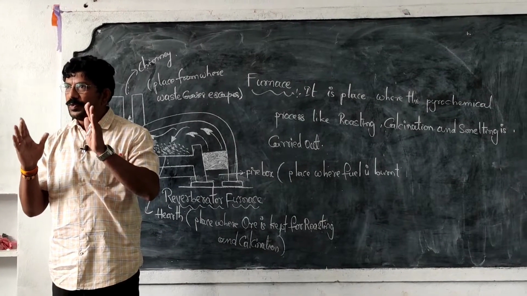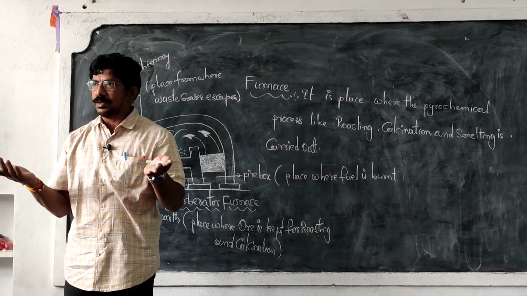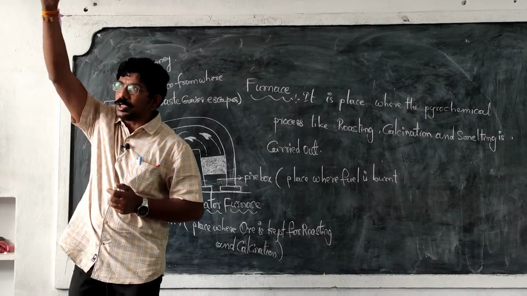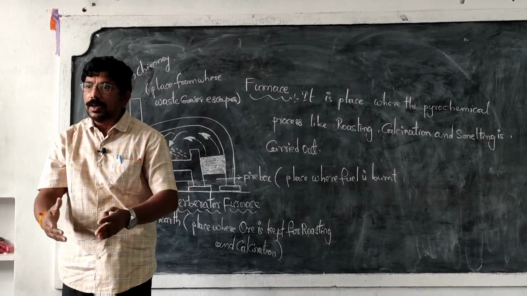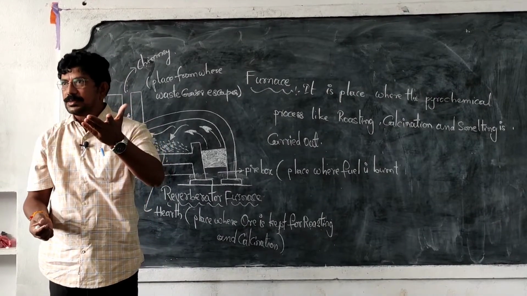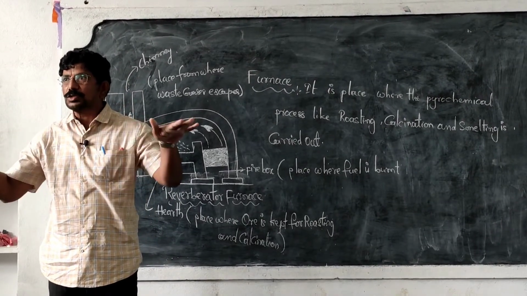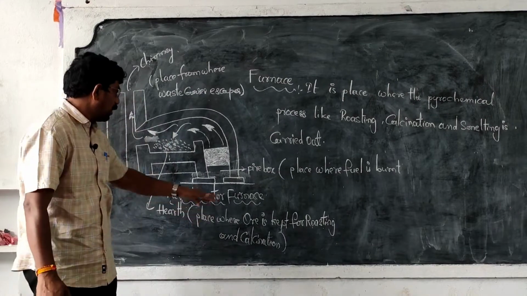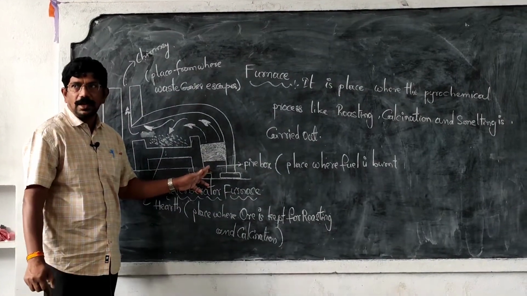The coke is coming from the top and it is directly in contact with the hot gases which are at 800 degrees centigrade. Are you clear about that? There is no separate place, just like a firebox, here it is.